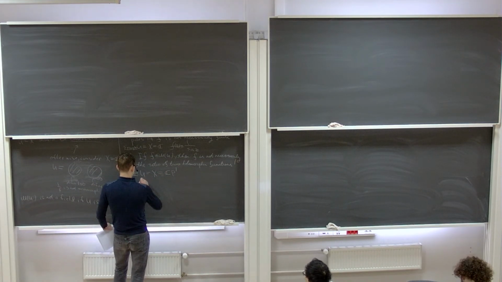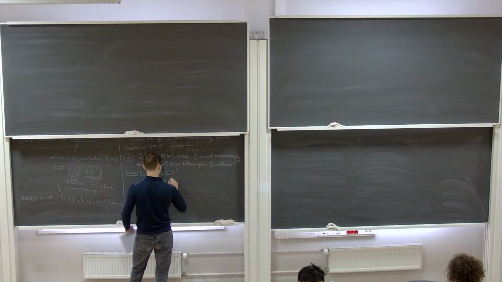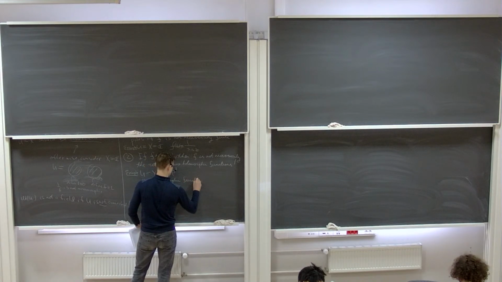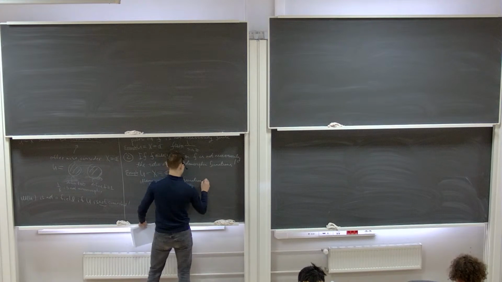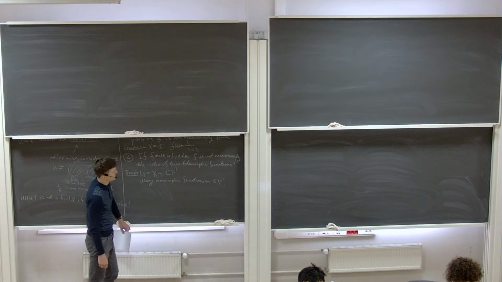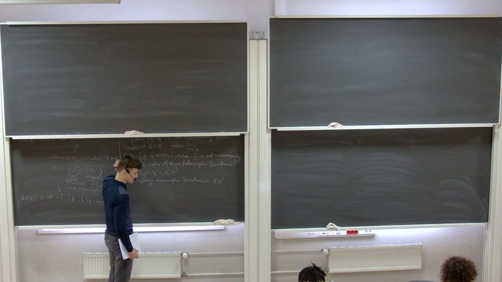We have many meromorphic functions on CP1. Actually, we know from the previous lecture that they can be described as the ratio of two polynomials.